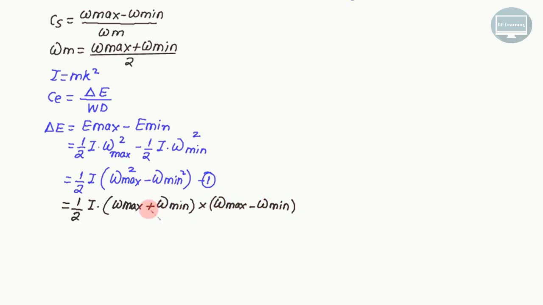A square minus b square, a plus b, a minus b. Now what I do is I will adjust these two here. If I adjust 2 here and this 1 by 2 cancels out, then this term becomes omega mean. So I have another formula: I into omega mean multiplied by omega max minus omega minimum.